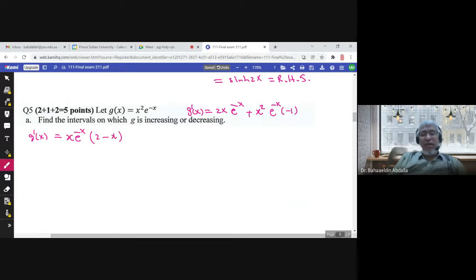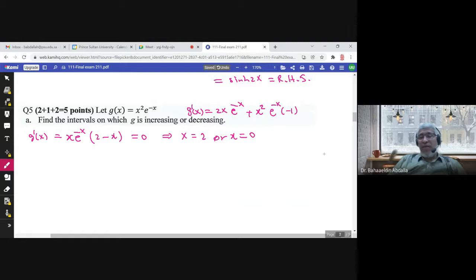Now to find the critical numbers, I put g prime equal to 0. Then x is 2, this is the 0 of 2 minus x, or x is 0, the 0 of x. e to the power negative x will never be 0. So I have two critical numbers. So these are the critical numbers.